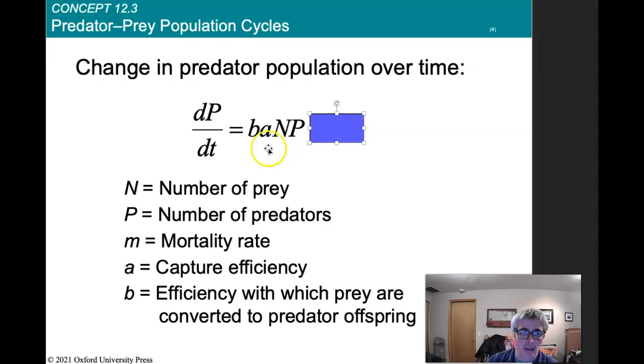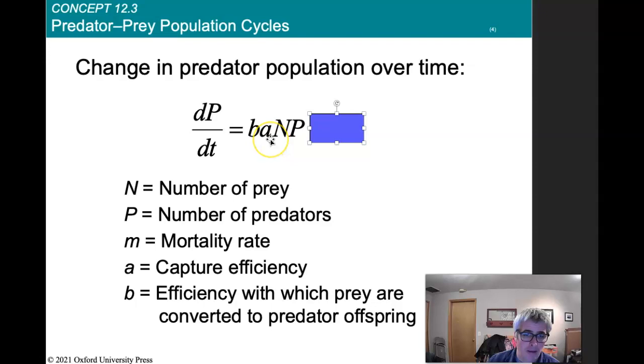Now we've got B, A, N, P. So N and P we know. Prey, predators. Number of prey, number of predators. Predators need to eat prey, so it makes sense that the predator population is dependent on the prey population.